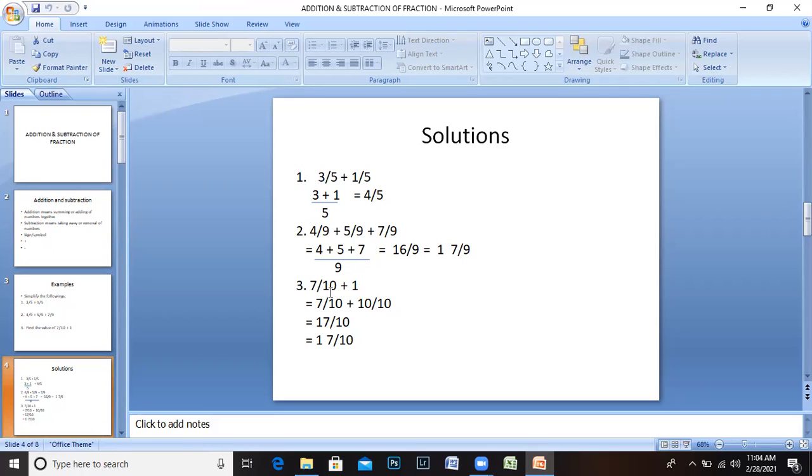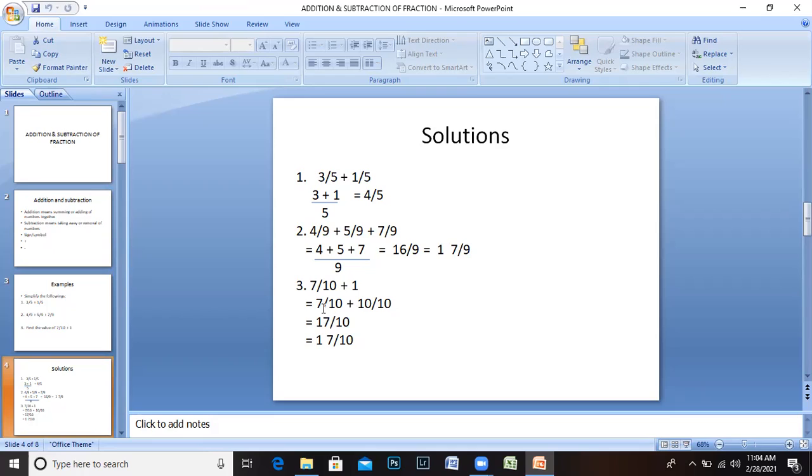Or try to find the LCM between 10 and 1. The LCM is 10. So 10 in 10 is 1, and 1 times 7 is 7. Plus, 1 in 10 is 10, and 10 times 1 is also 10.